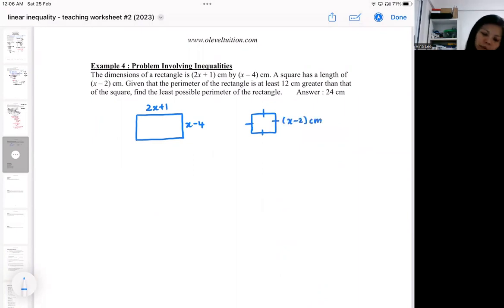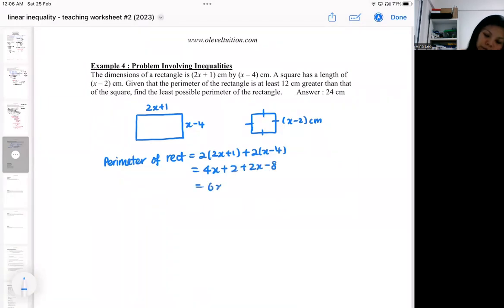And we are actually interested in the perimeter. So I'm going to do my algebra for the perimeter of the rectangle first. So it's 2 length plus 2 breadth. You are free to work out the algebra. The algebra is also quite easy. So that will be the perimeter of the rectangle.